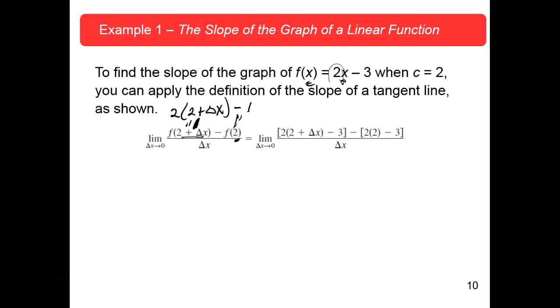And that's divided by delta x. So now let's do the math on it. 4 plus 2 delta x, minus 1, over delta x. That would be 3 plus 2 delta x over delta x.